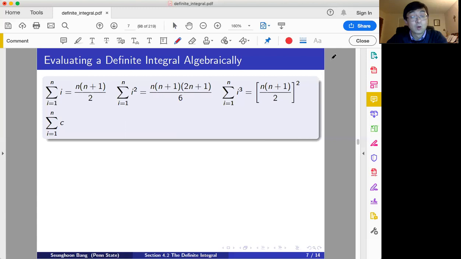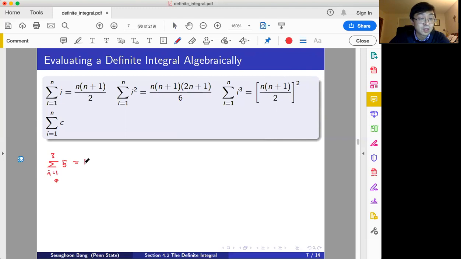One more. What is the summation from i equals 1 to n of c? I can show this kind of thing as a rule. One example is the summation from i equals 1 to 3 of 5.